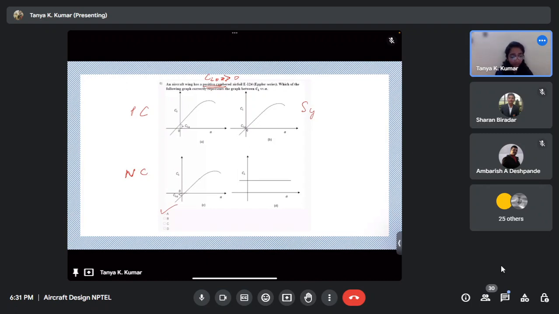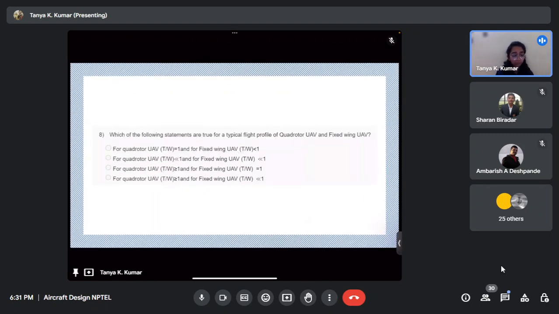Okay. Now, which of the following statements are true for a typical flight profile of quadrotor UAV, fixed wing UAV? What is the difference between these two? Like quadrotor UAV and fixed wing UAV? Okay, yes. So fixed wing UAV is similar to a regular aircraft.